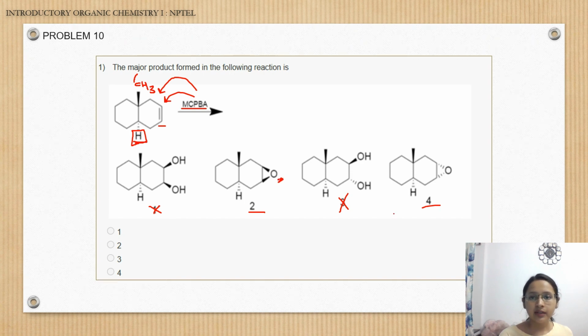So that is why instead of second, you will have the fourth as the major product, because methyl is present above the plane, and due to the steric hindrance, the epoxide wants to be delivered from below the face. Is it clear that option number 4 is the correct one? How is it the correct one? Any query, any problem in this question?